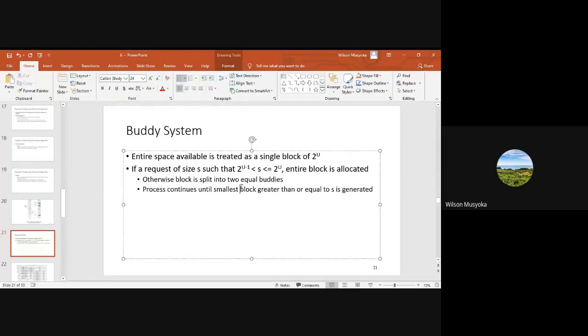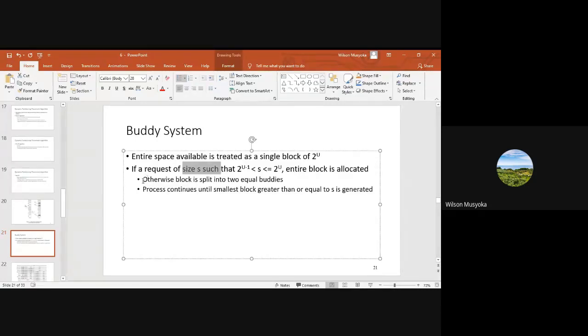Or what we are basically saying is that if the operating system is being requested for a memory location which is of size s, what it will do is to look at its entire memory, or what is available in the memory. Then it is going to be split into 2 blocks.